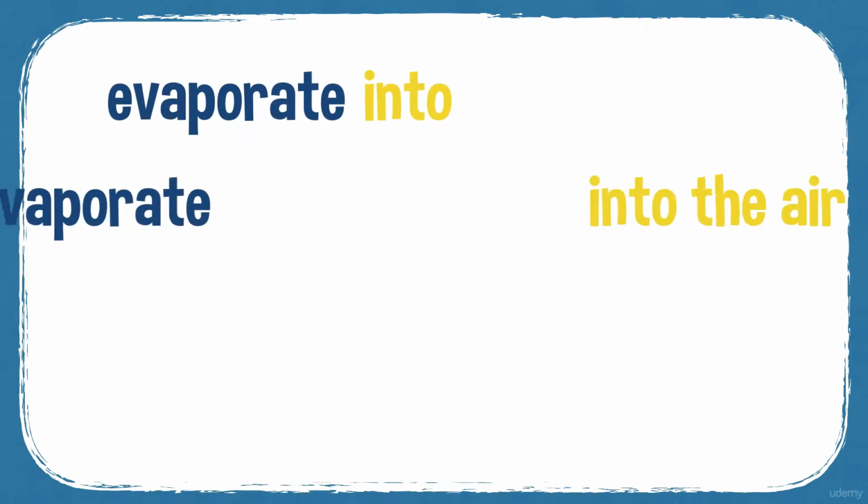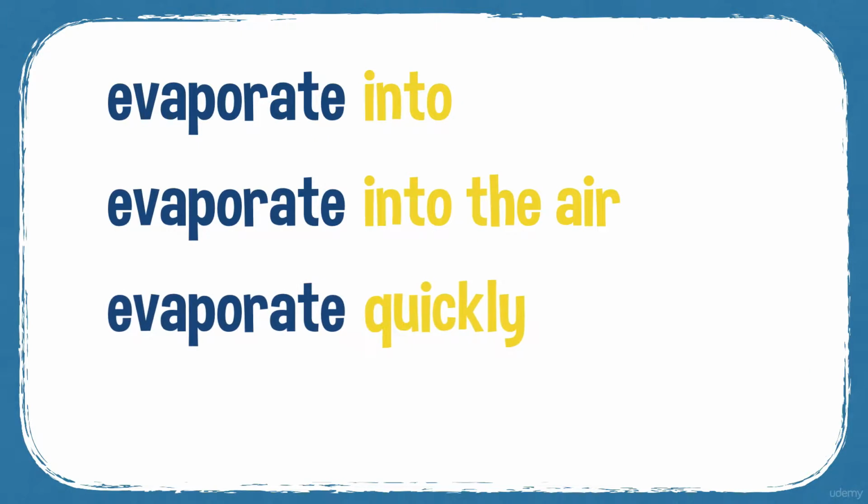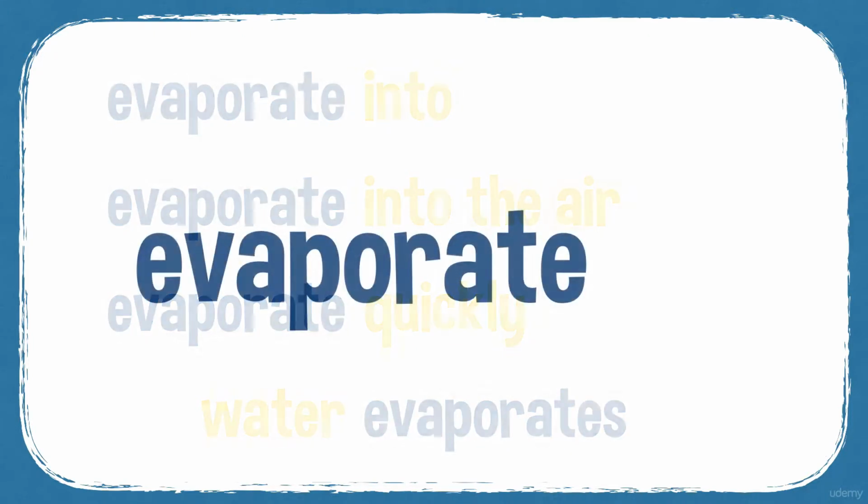You can evaporate into, such as into the air. Things evaporate quickly or slowly. Water evaporates. Those are very common collocations. Evaporate is a verb. So evaporates, evaporating, evaporated. And evaporation is the noun.